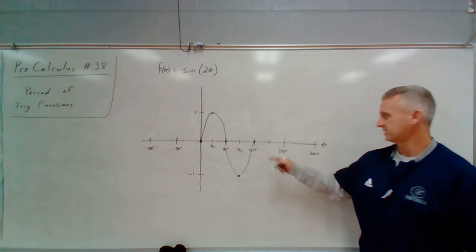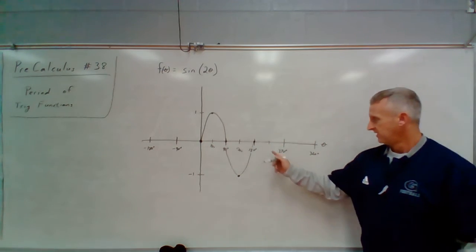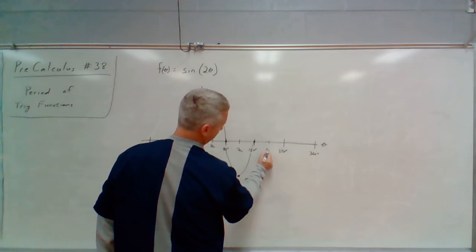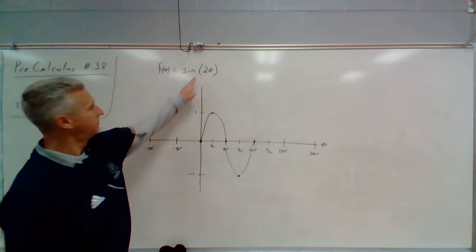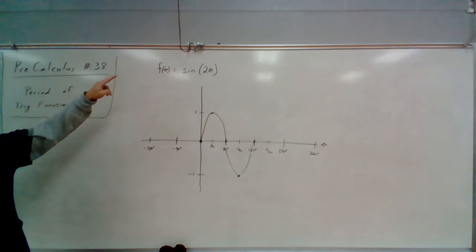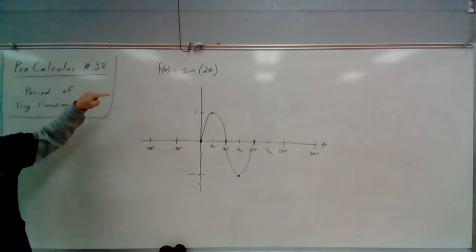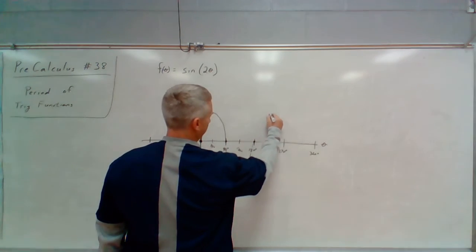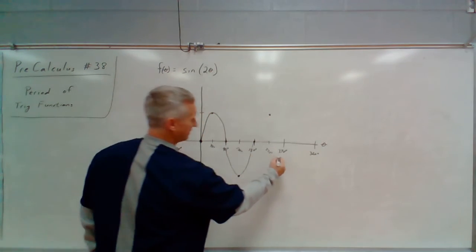If I plug in this next one, 180 plus 45 is 225. 2 times 225 would be 450. The sine of 450 degrees is, see, it's all the way around the circle once and 90 more, so the sine would be 1. And of course, you see what's happening there.